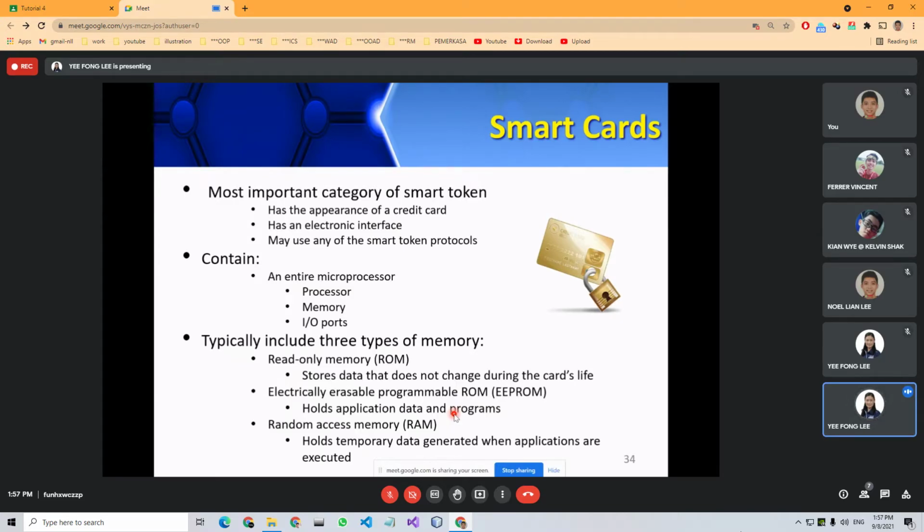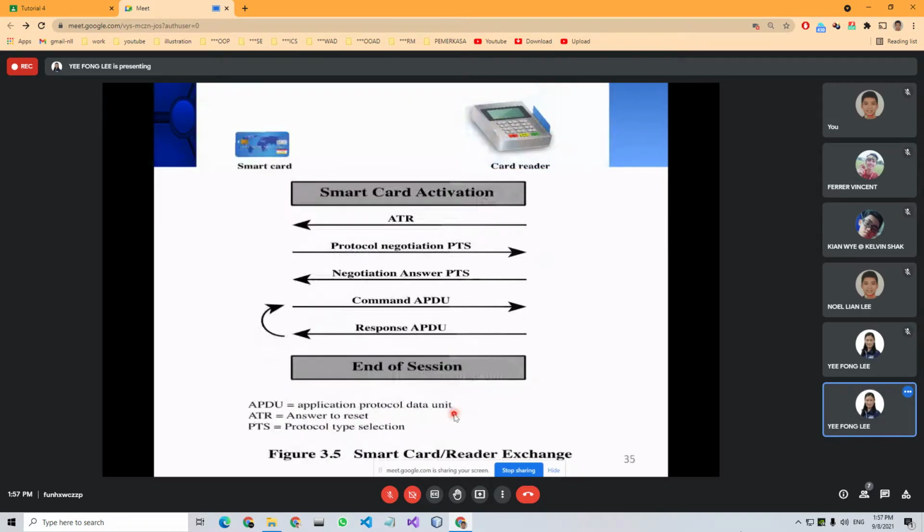Next, random access memory might hold temporary data generated when the applications are executed. This diagram illustrates the typical interactions between the smart card, the reader, and the computer system.